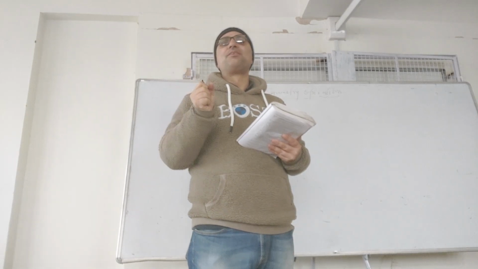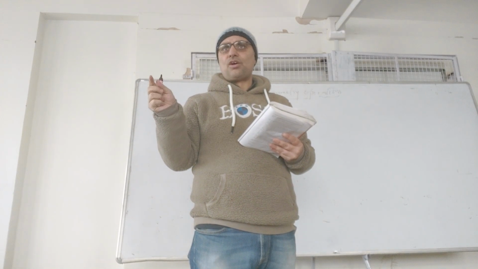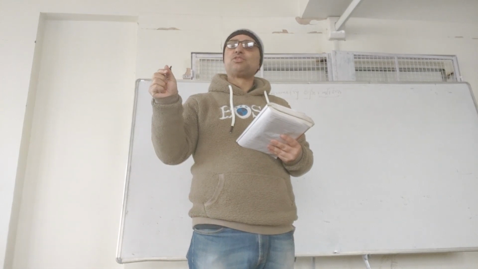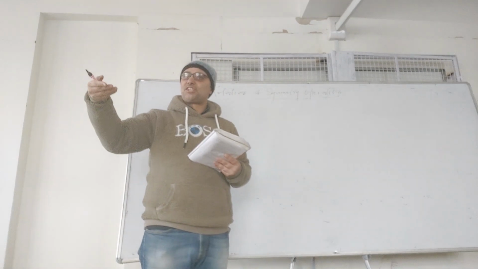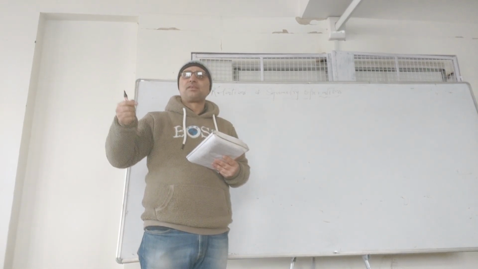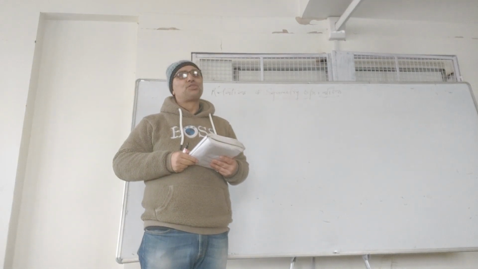For example, if I place these two books on the desk, two books of the same dimension, length, breadth, height, same color. If I put one book upside down and the other as it was, you will not be able to differentiate once you come outside.